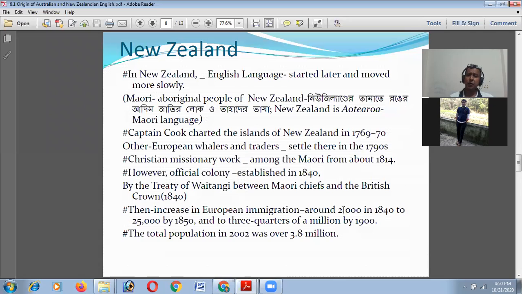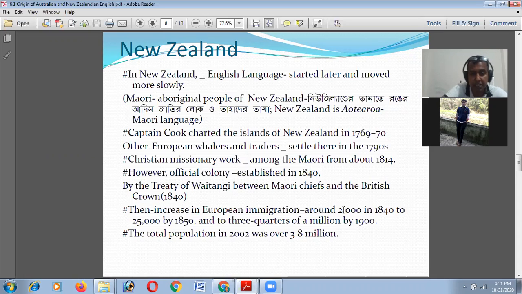And the Treaty of Waitangi between Maori chiefs and the British Crown was established in 1840. Then European immigration increased from around 2000 in 1840 to 25,000 by 1850, and to 750,000 by 1900.